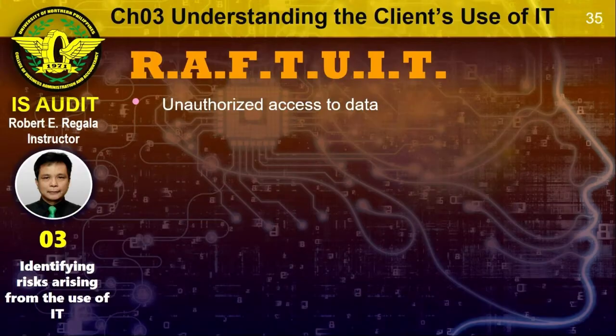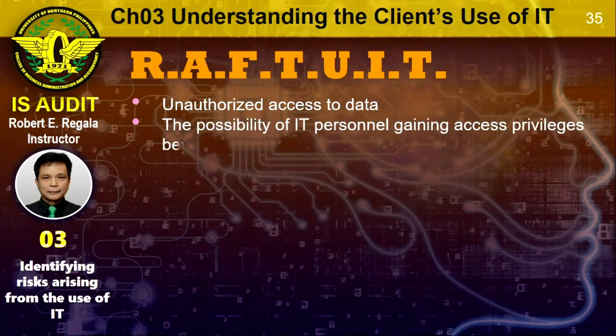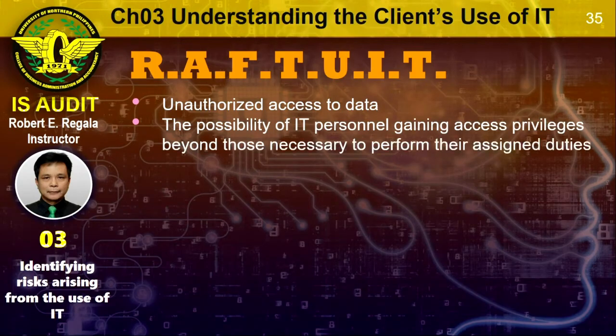Particular risks may arise when multiple users access a common database. The possibility of IT personnel gaining access privileges beyond those necessary to perform their assigned duties, thereby breaking down segregation of duties. A classic example of this risk is the granting of super user access to IT personnel.